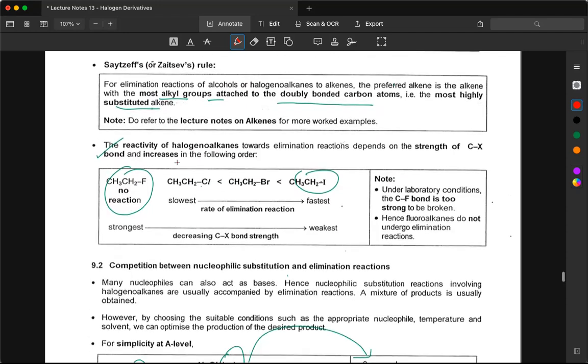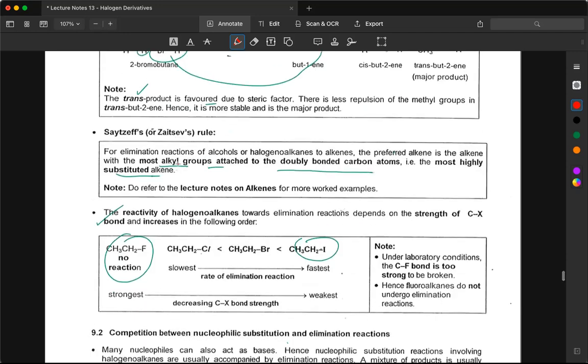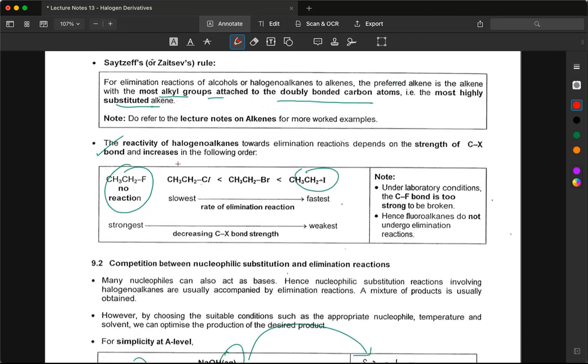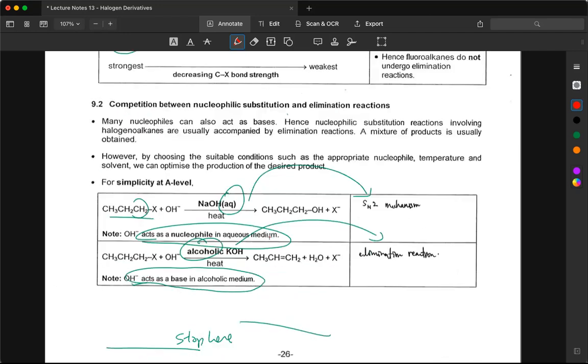The reactivity of halogenoalkanes towards elimination reactions depends on the strength of the C-X bond and increases in the order. So again, this one, no reaction because of the strength of the carbon halogen bond. This will be the fastest because of the weakest bond.